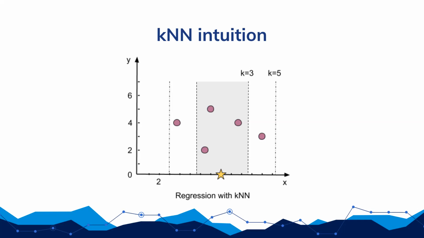Can you roughly tell what would be the predicted y value for the star? Yes, we have one neighbor here which has 2, another here that has 4, another here that has 5. So if you take the average of that, yeah, somebody did the computations.